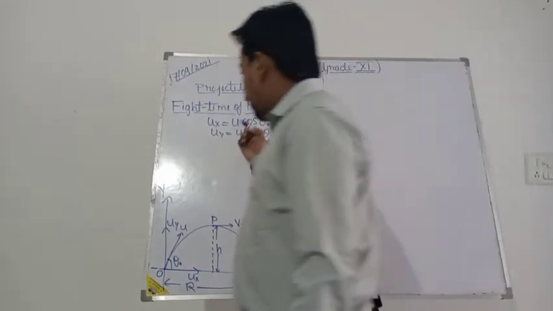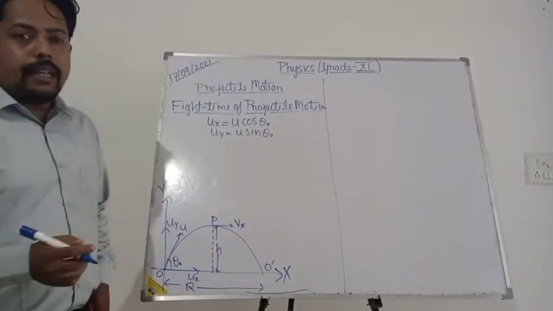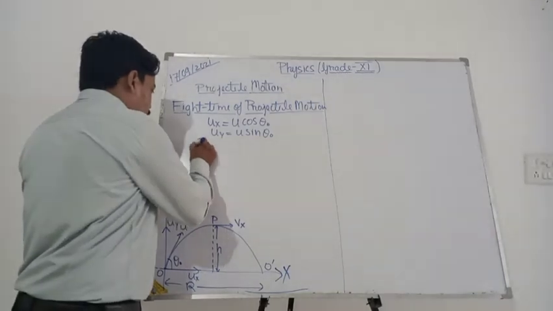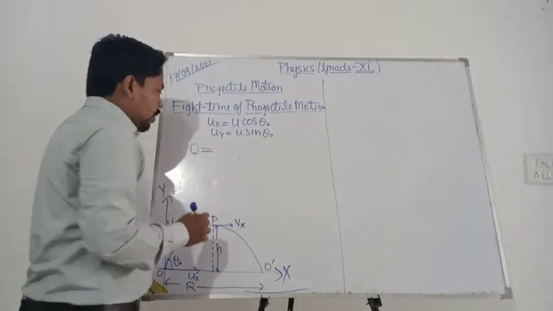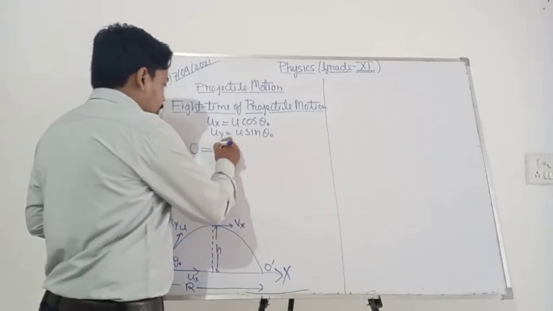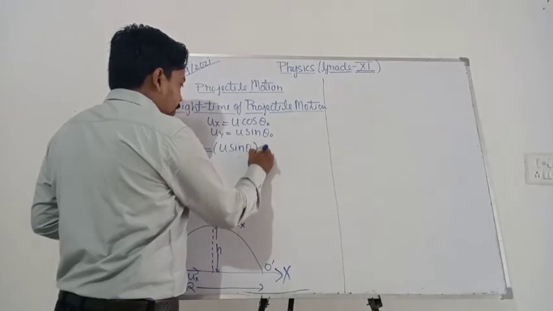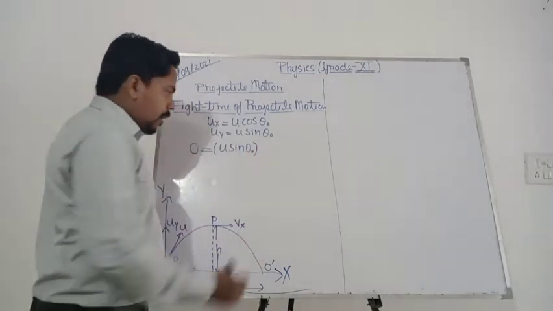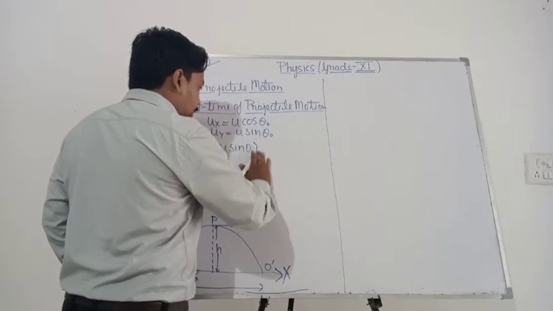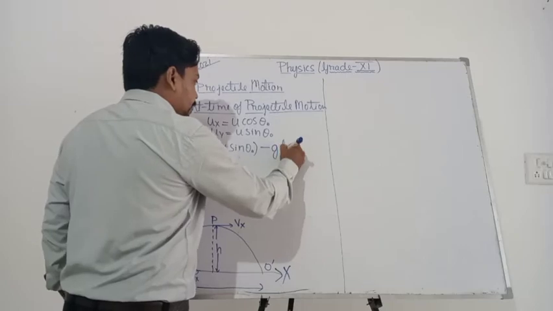Now applying the first equation of motion, I am assuming the particle has a final velocity of 0. So 0 is equal to, that is v is equal to u, that is u sin theta naught, plus, in this case minus g into t.